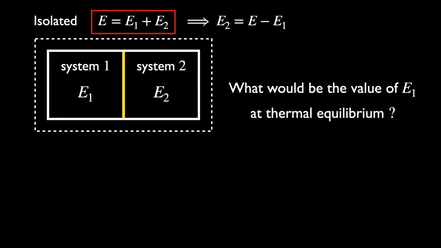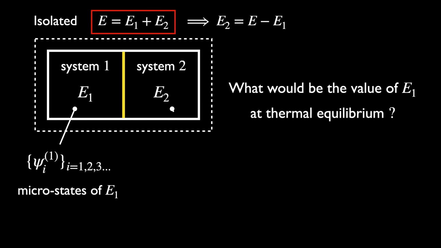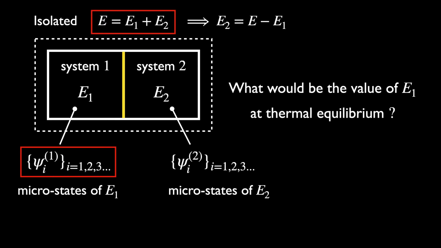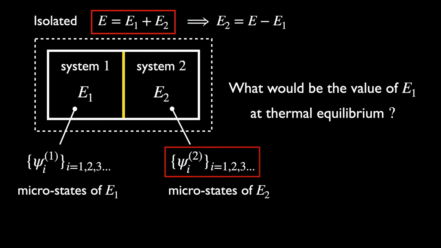To answer this question, we have to look once again at the microstates that correspond to system 1 with energy E1 and system 2 with E2. The set of microstates psi with superscript 1 are all the states of system 1 which has the energy E1, and similarly for system 2, but with its own distinct set of states.